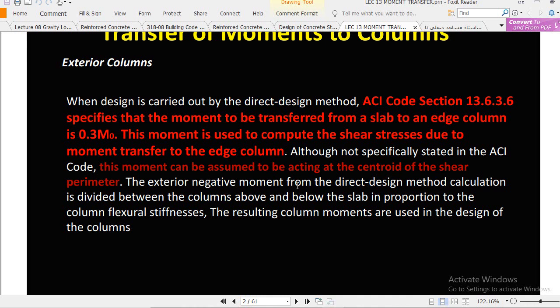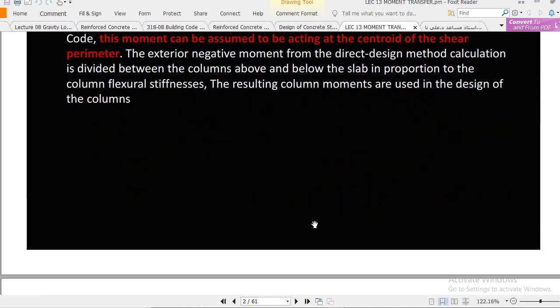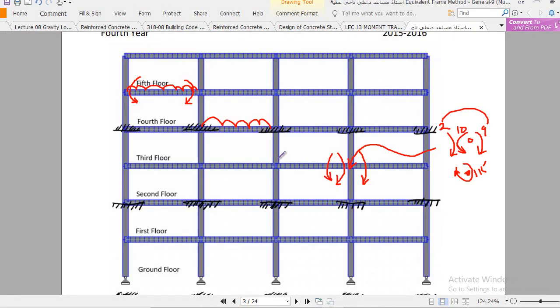The exterior negative moment from the direct design method calculation is divided between the columns above and below. This is very important. Once you get the unbalanced moment at this joint, because this is the exterior column, the ACI code says that if you calculate M0 for this span, the unbalanced moment at this joint will be 0.3 times M0, that is, 30% of M0. This 30% moment will transfer to this column. This is the total unbalanced moment at this joint.